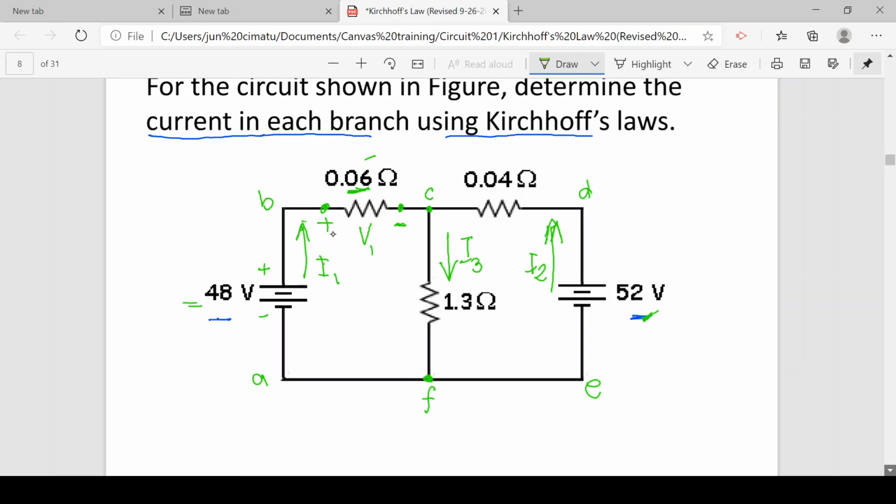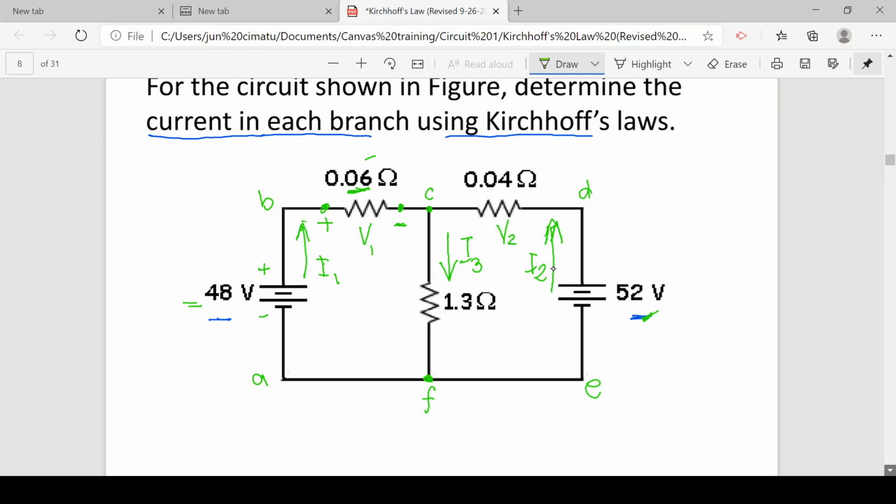So this is the polarity of voltage B sub 1, and this voltage across the 0.04 ohm resistor, let's name this as B sub 2.